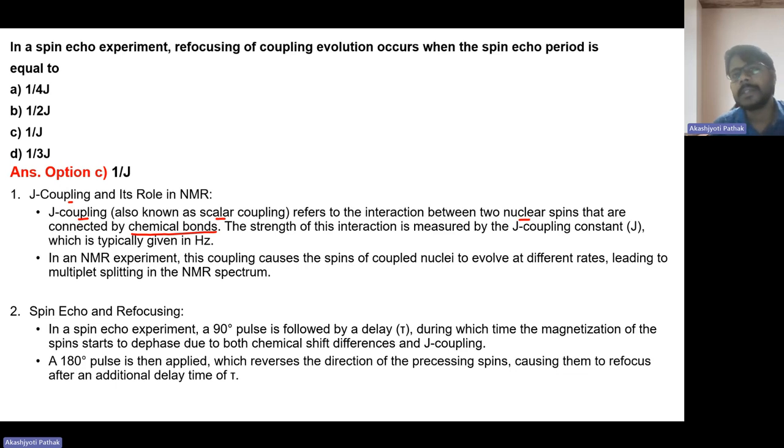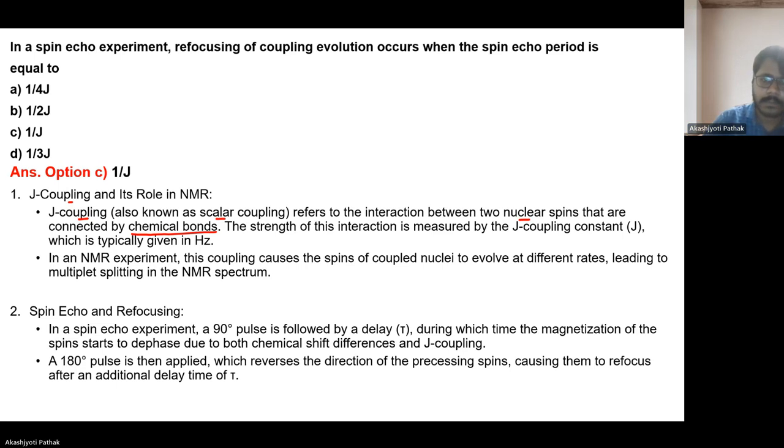But this J coupling is very strictly associated with nuclei that are specifically connected to each other by chemical bonds only. The influence of vicinity of the nuclear spins doesn't come into the picture in this case.